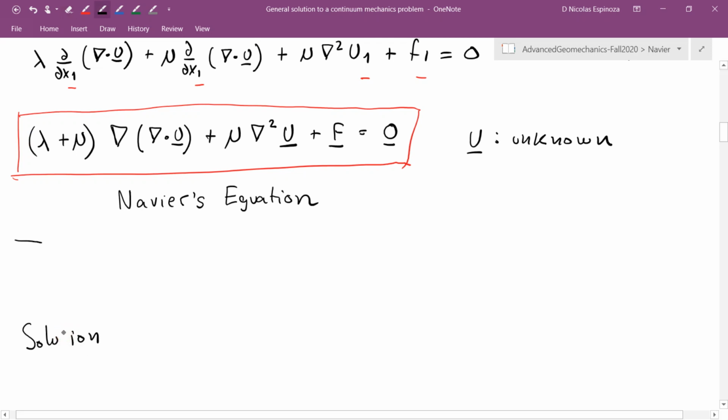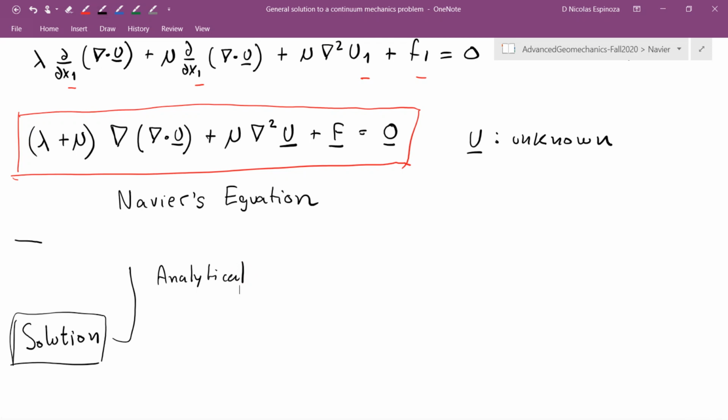It's the math involved in solving analytically this differential equation. It can get quite complicated. So for the solution then, we're going to have an analytical solution for the equation.